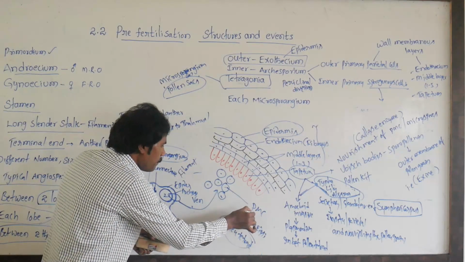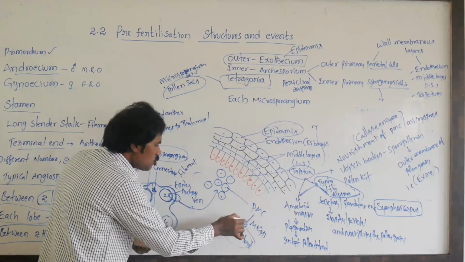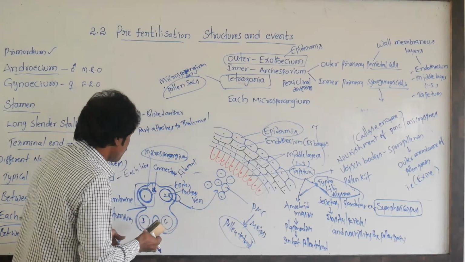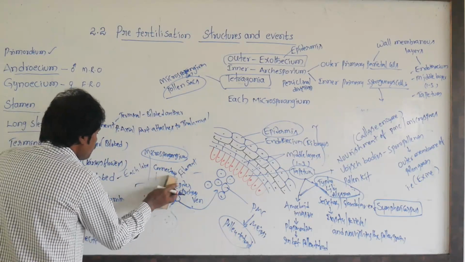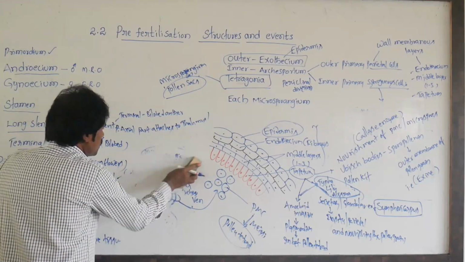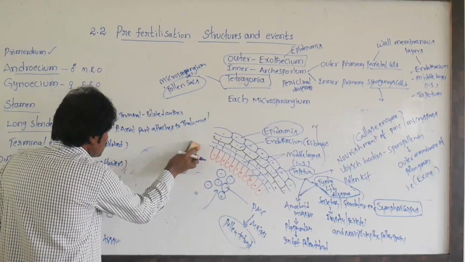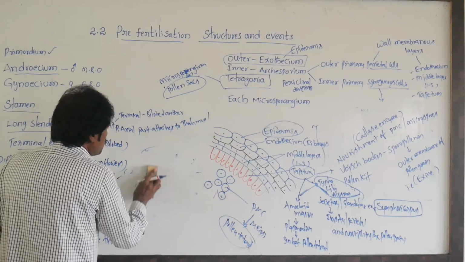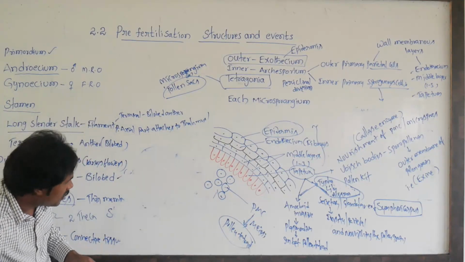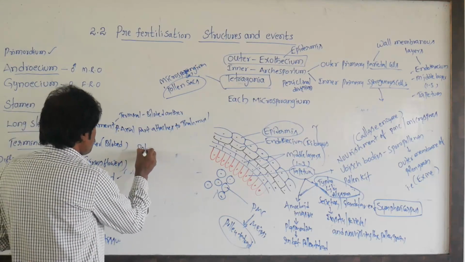Then in the pollen mother cell, through meiosis, pollen tetrads are formed. What are the different shapes of pollen tetrads normally observable after meiotic cell division?